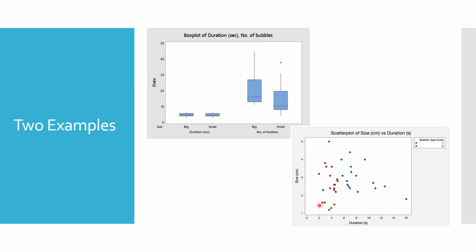So here are 2 charts. We'll look at this one first. Here they put the duration and the number of bubbles on the same box plot. And in their discussion they talked about how number of bubbles was a lot more variable. They kind of led us to assume that the duration is a better measurement because it has less variability.